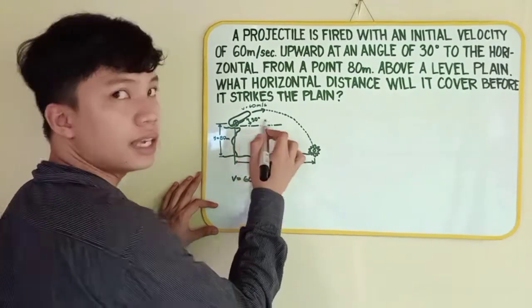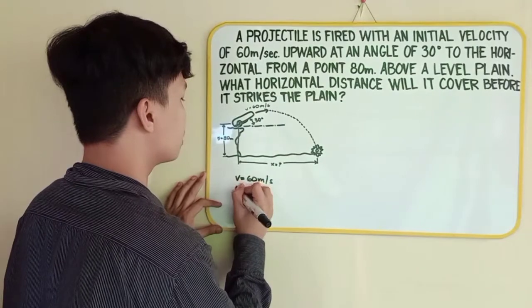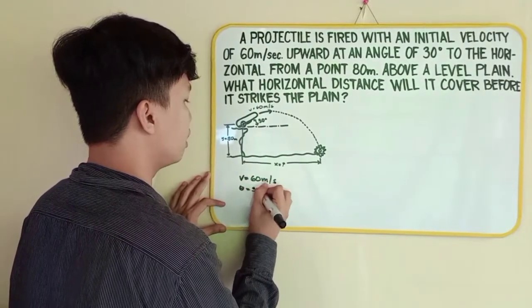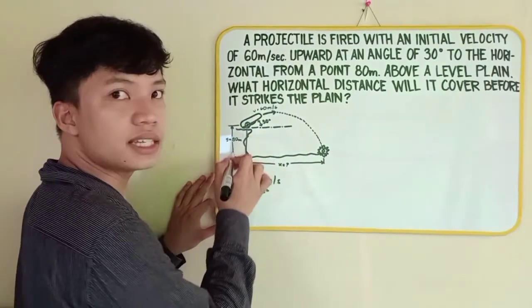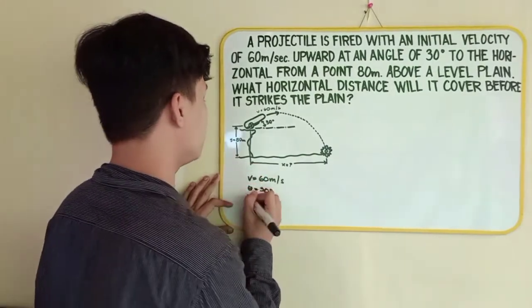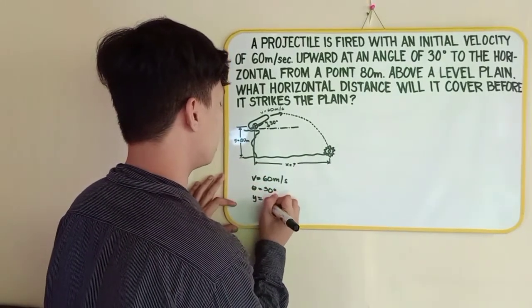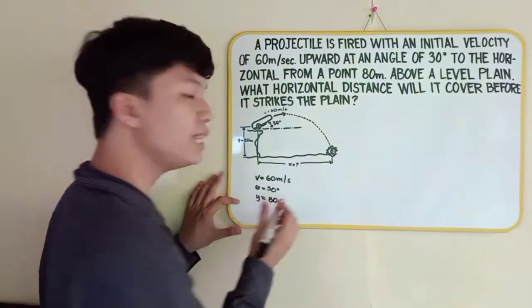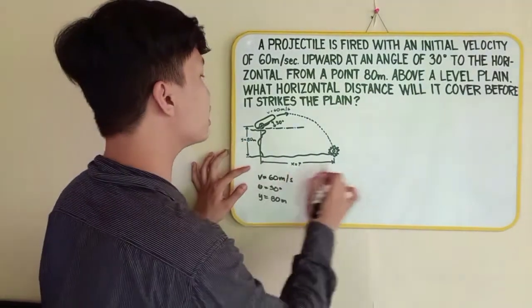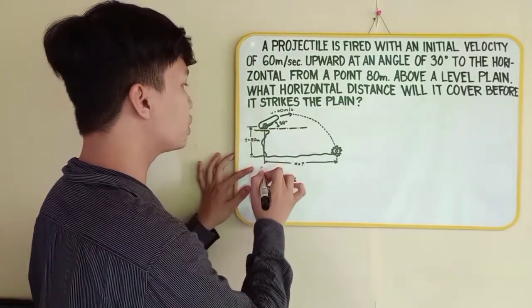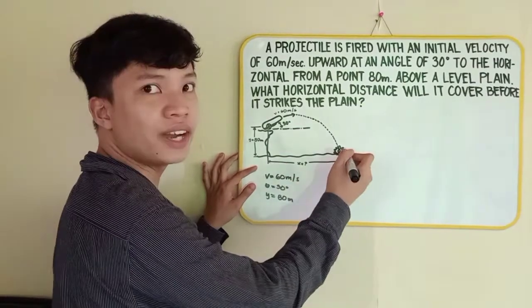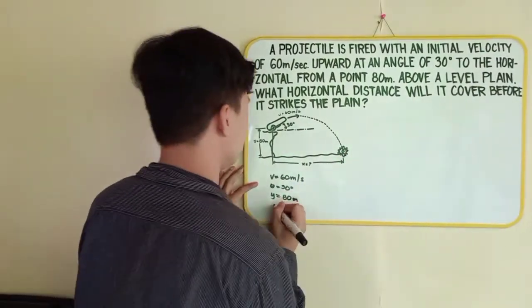The angle theta is equal to 30 degrees. The vertical distance y is equal to 80 meters. And what is asked is to find the horizontal distance from the initial point of the projectile up to the final point of the projectile.